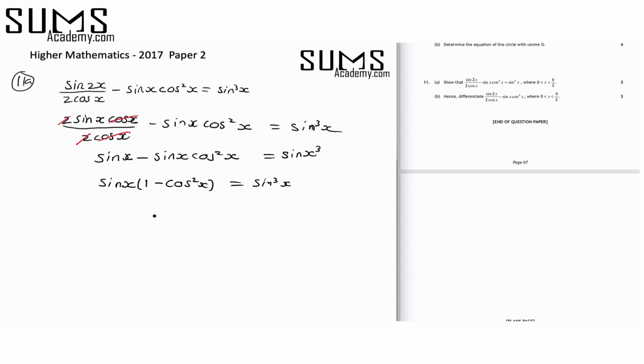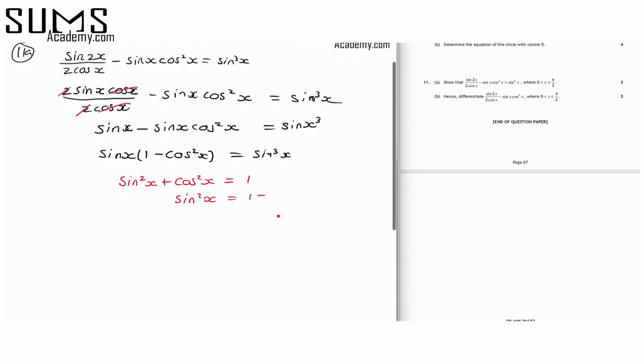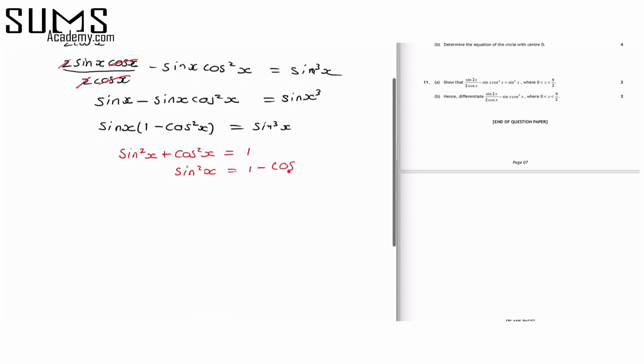Okay, so we should know that the relationship of sin squared x plus cos squared x is equal to 1. So that's the same as saying sin squared x is equal to 1 minus cos squared x. Now you should see here that this is exactly the same as this.